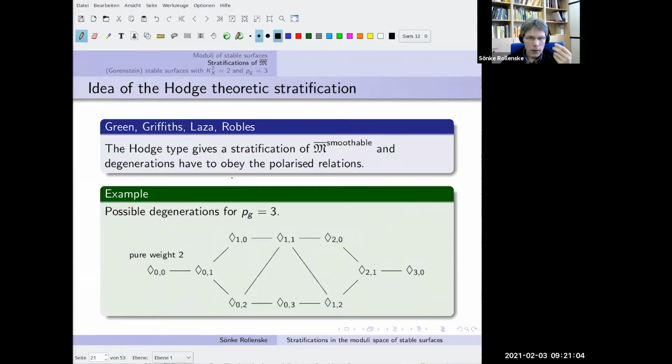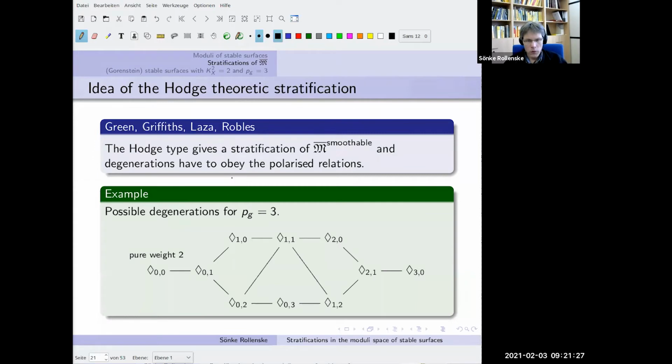Okay, so let's go back to surfaces. And the idea is that the Hodge type should give a stratification of at least the smoothable part. But this was anyway the one we were interested in. And degenerations among these strata should obey so-called polarized relations.